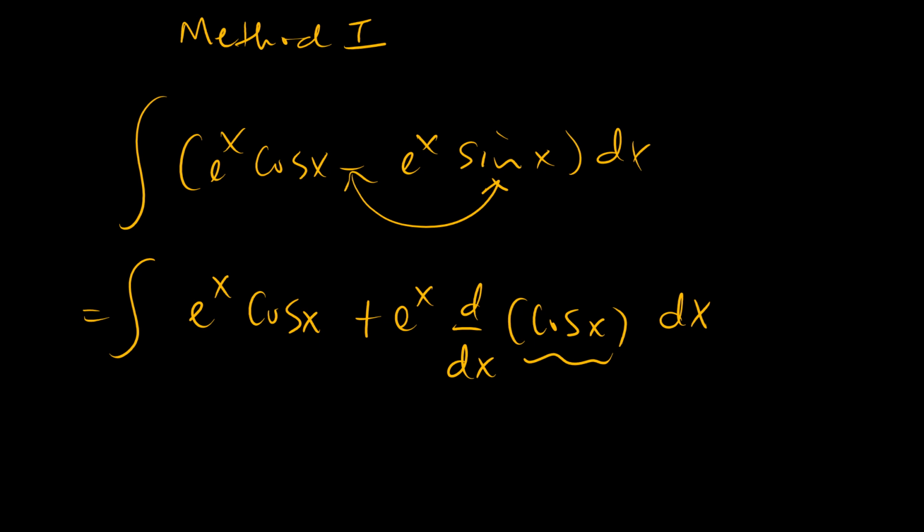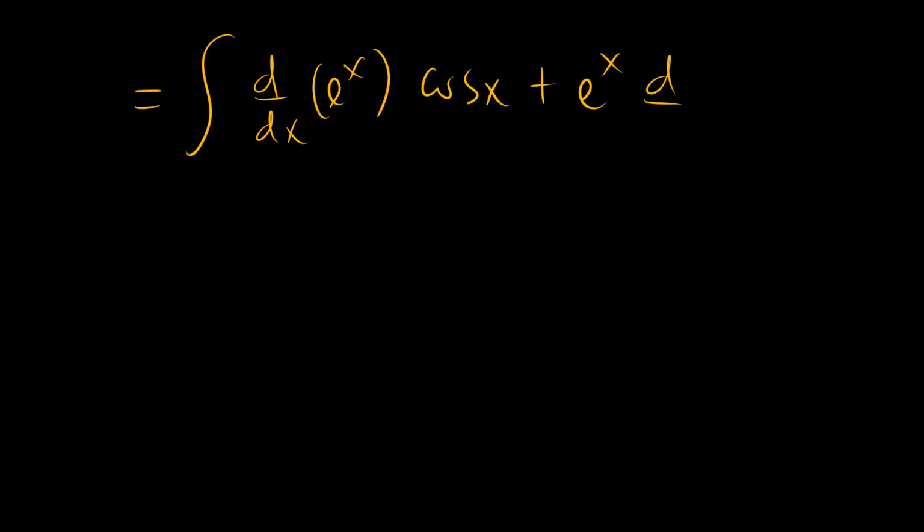But we can also see that this is the same as the derivative of e to the power x, such that our problem can be expressed as the derivative of e to the power x times cosine x plus e to the power x times the derivative of cosine x.